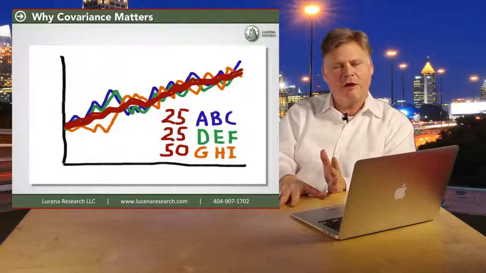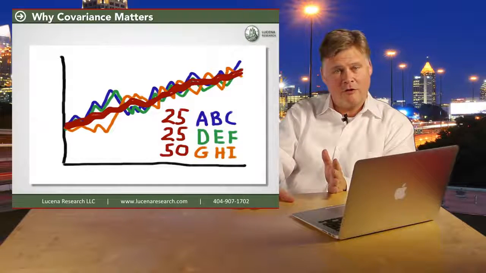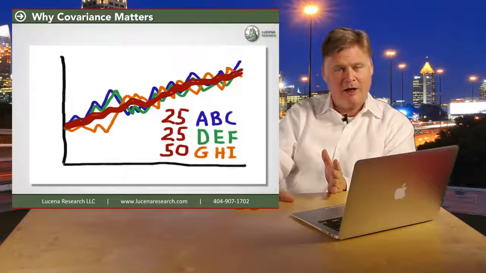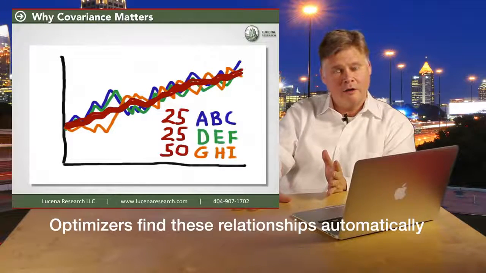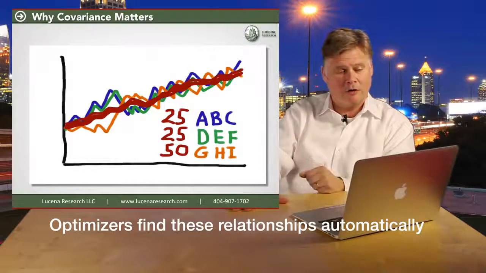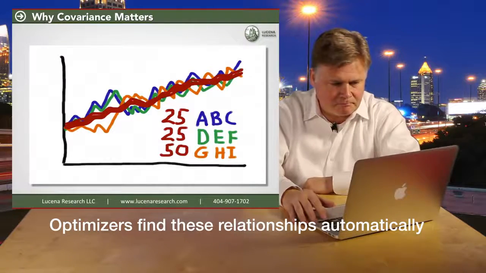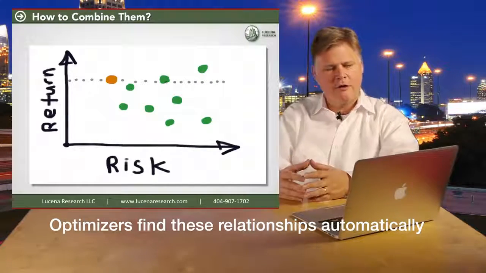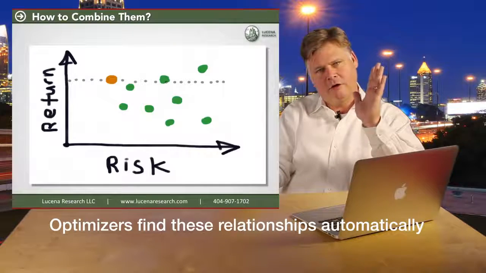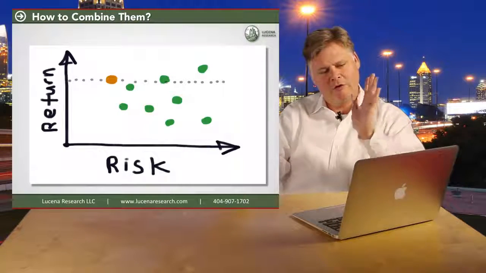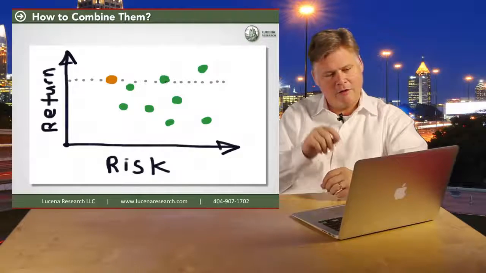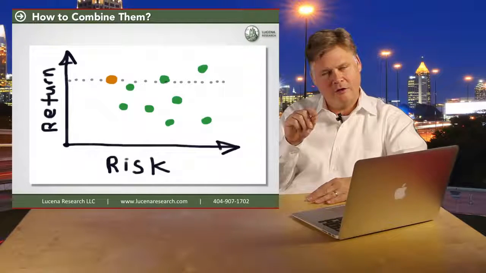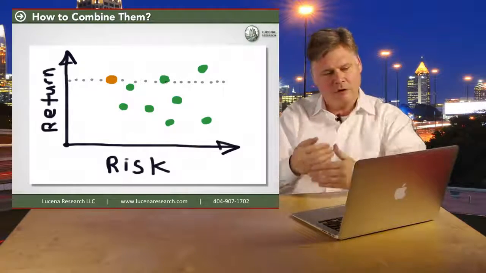And these relationships are the relationships that are discovered automatically by an optimization tool like the one that we use that's part of QuantDesk at Lucena. Okay, so let's go back to this map we've got of risk and return, and each equity is a little green dot there that represents its particular risk and its particular return.